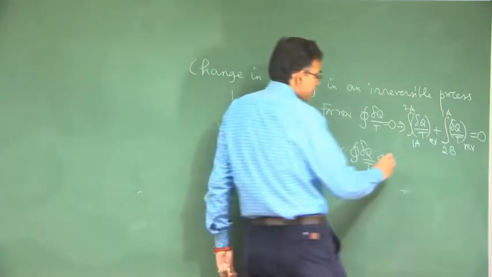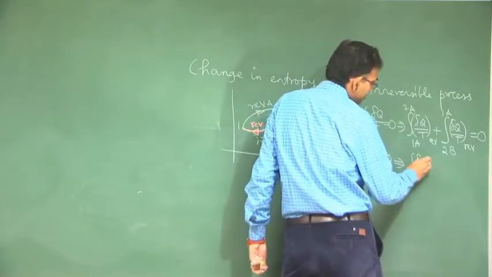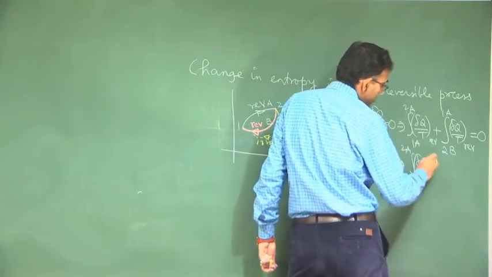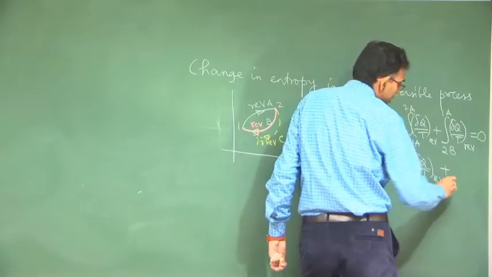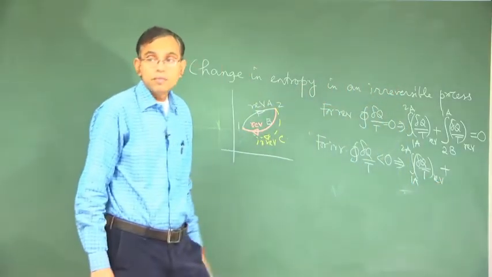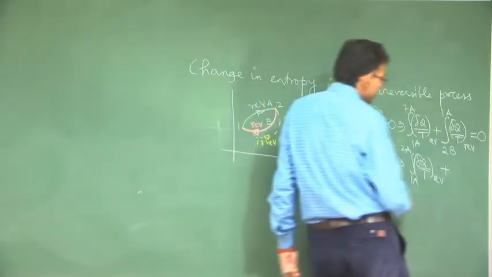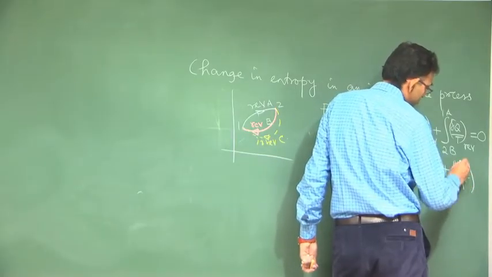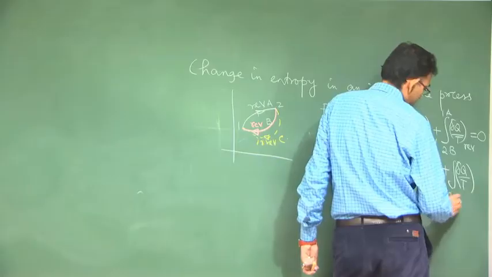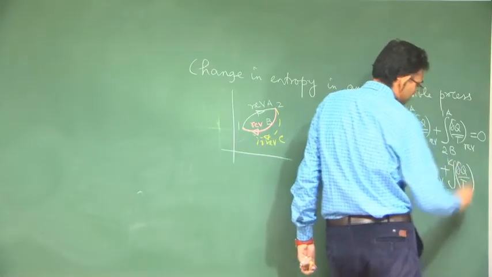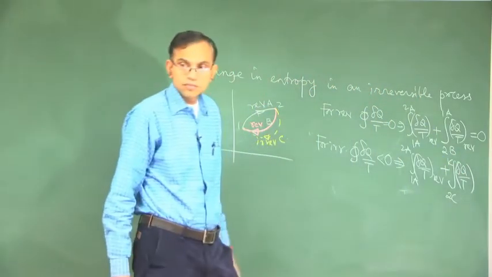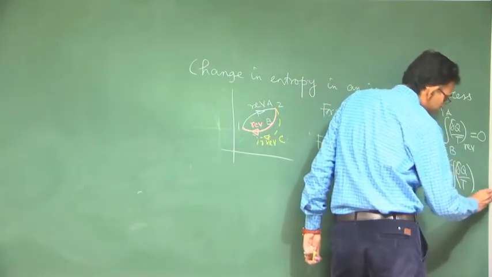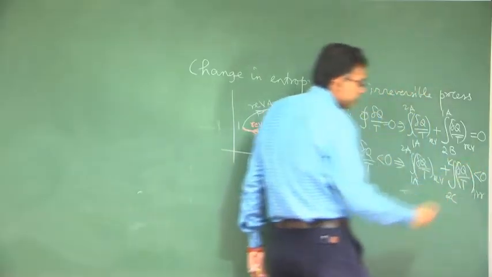So, that means del q by T from 1 to 2 by the reversible path plus the irreversible path is less than 0.